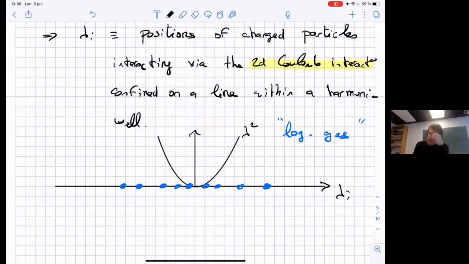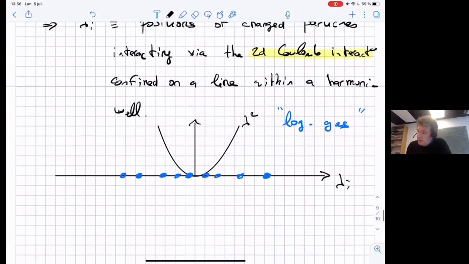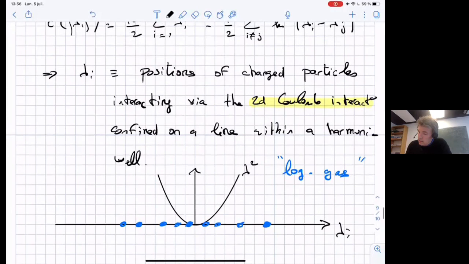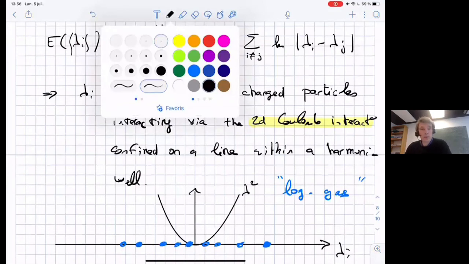The potential is basically lambda squared. You immediately see, and something that I should add, is that the interaction, of course, is repulsive. This is important because we have already seen that these eigenvalues experience level repulsion.